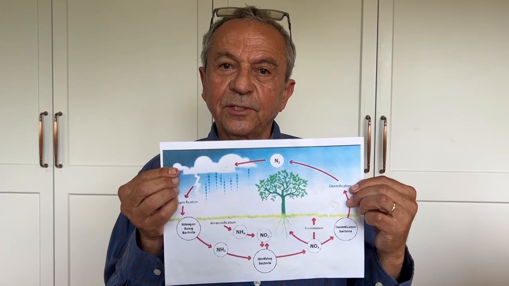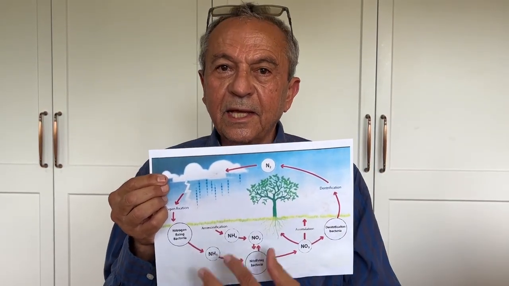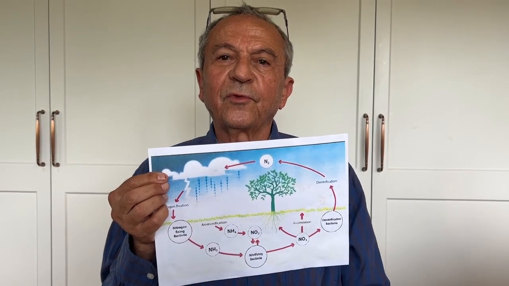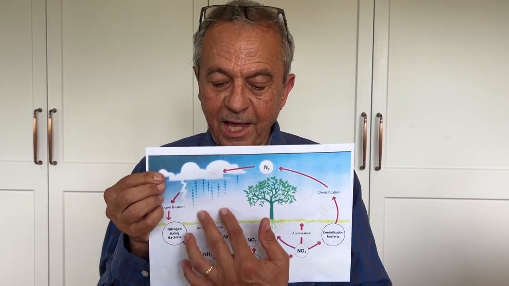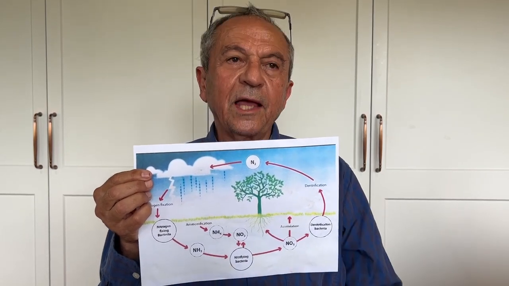This is not the issue that I'm going to discuss. I'm discussing the fact that we cannot live and produce enough food for 8 billion people without having to use synthetic fertilizers.